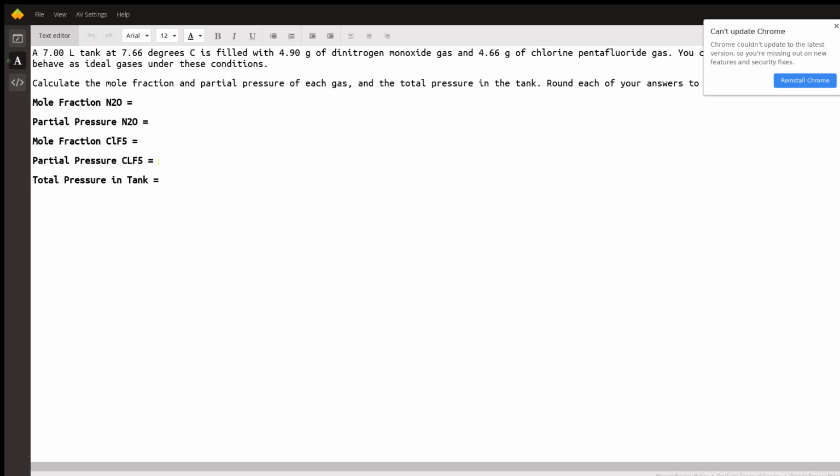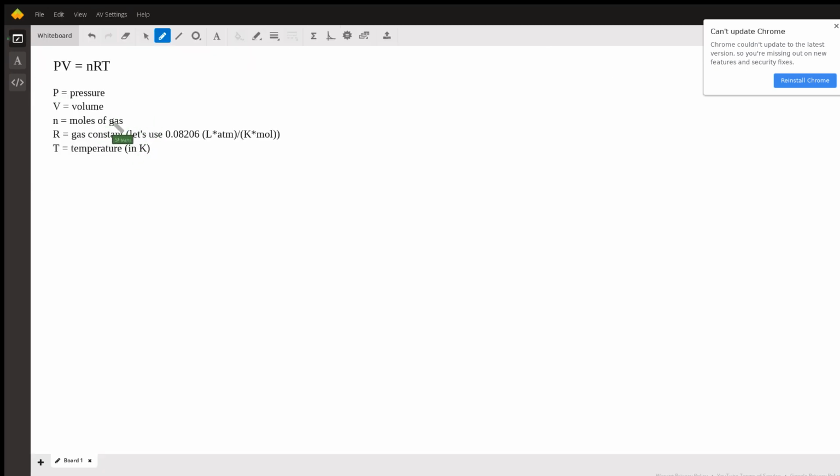So let's go back to the ideal gas law. We have PV equals nRT, where P is the pressure, V is the volume, n is the moles of gas, and R is the gas constant.